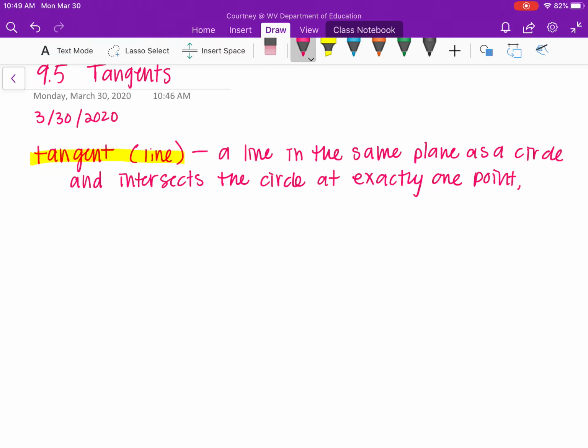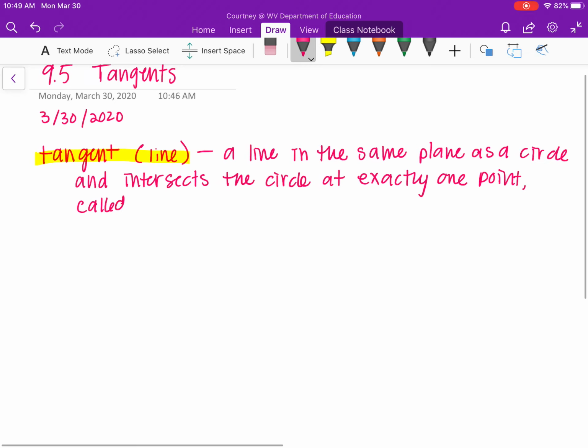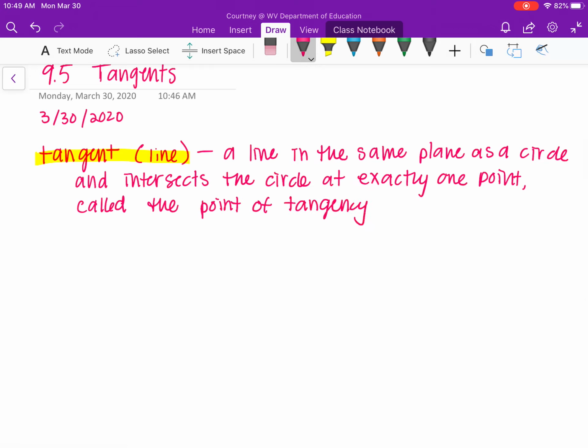One point, and that point is called the point of tangency. Okay, that's another vocab, so I'll highlight that.